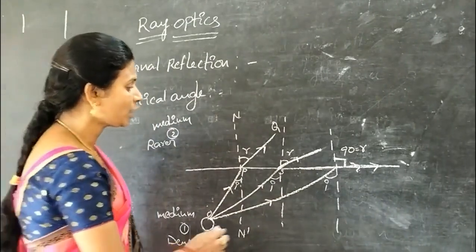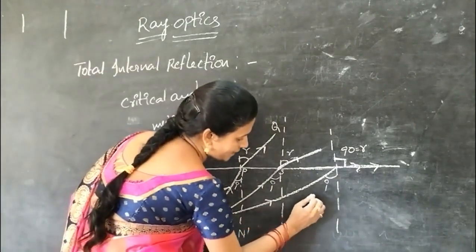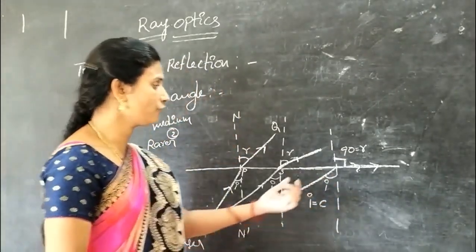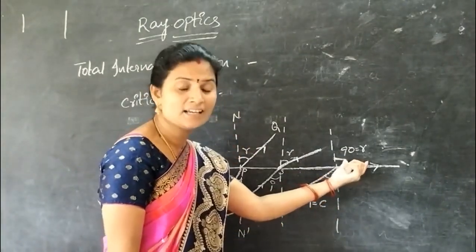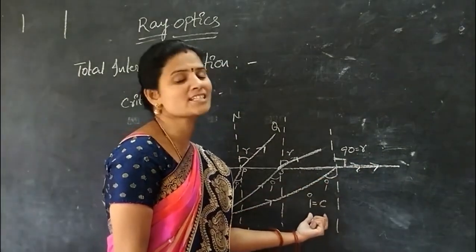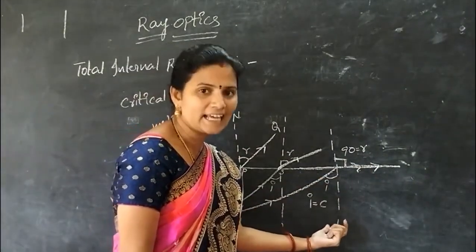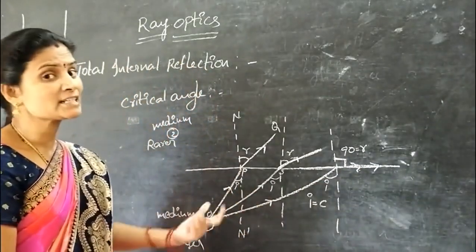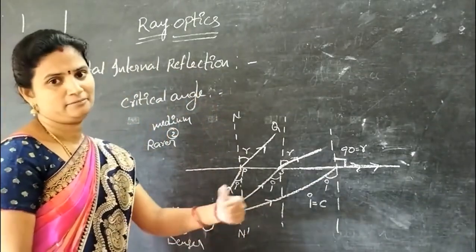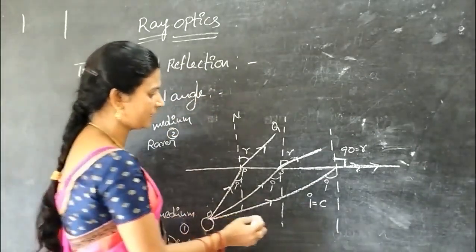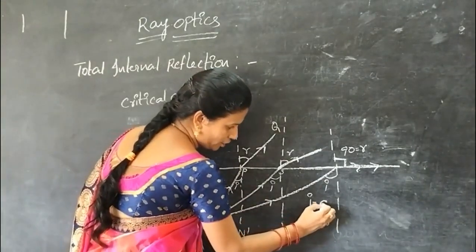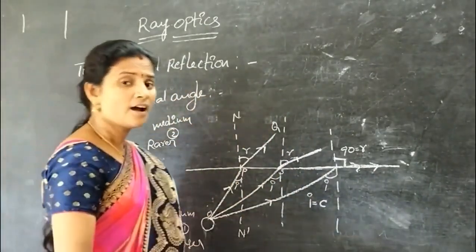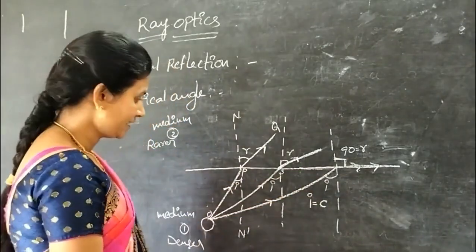So here the angle of refraction is 90 degrees, then the angle of incidence is known as critical angle. It is represented by the letter C. So here I is equals to C when R is 90 degrees.